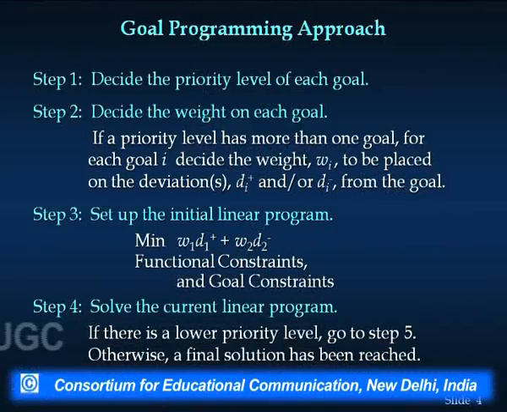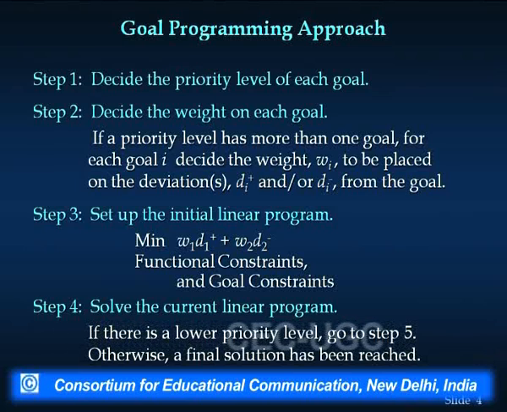First step, decide the priority level of each goal. When the level has been decided, we will move on to step number 2. Decide the weight on each goal. What is the priority being given? What is the weight being given to a particular goal? If a priority level has more than one goal, for each goal I decide the weight Wi to be placed on the deviation di plus and di minus from the goal.